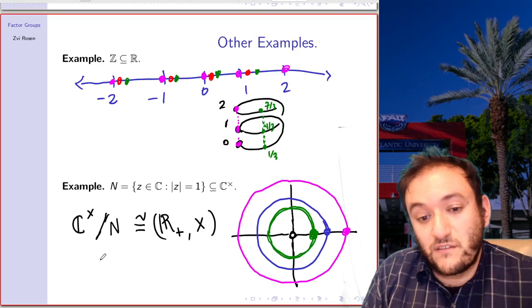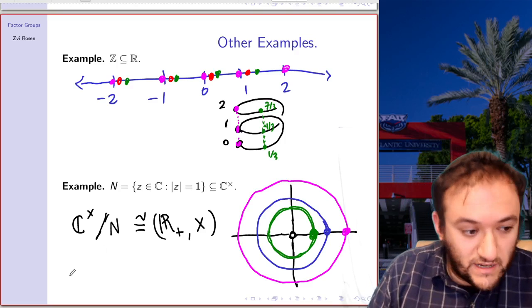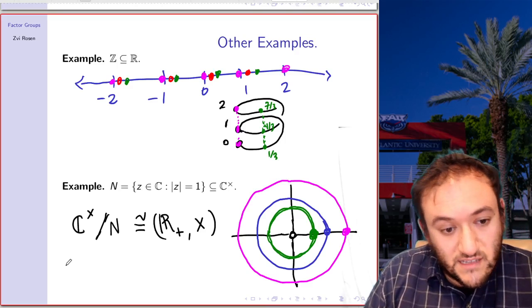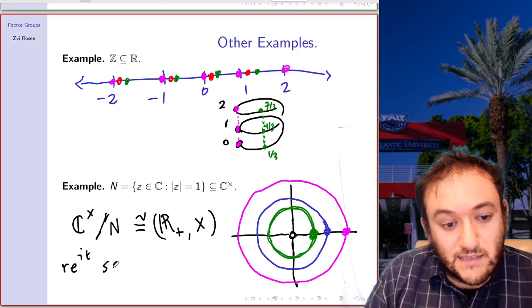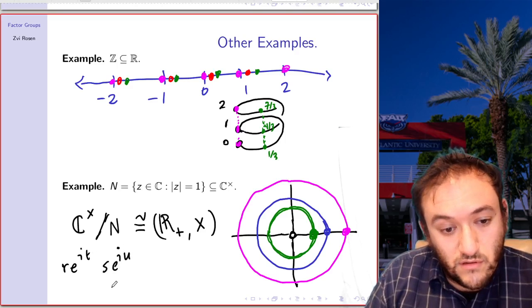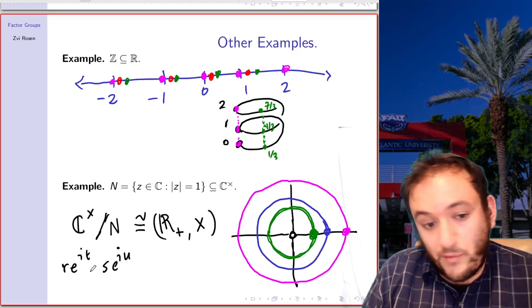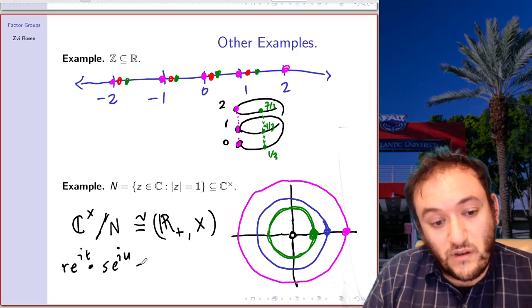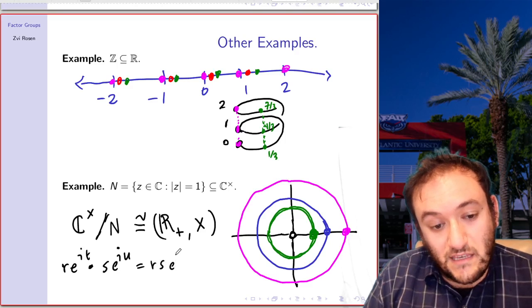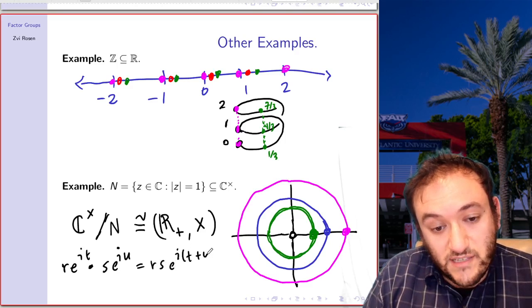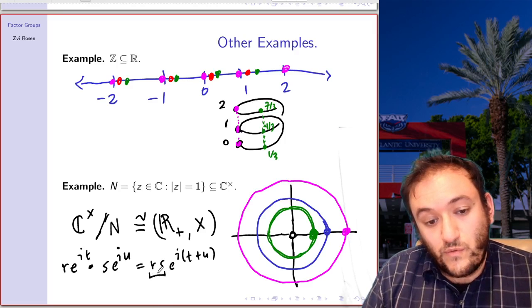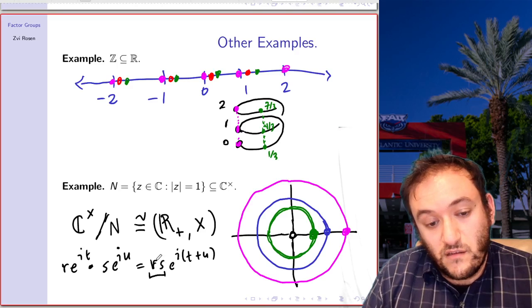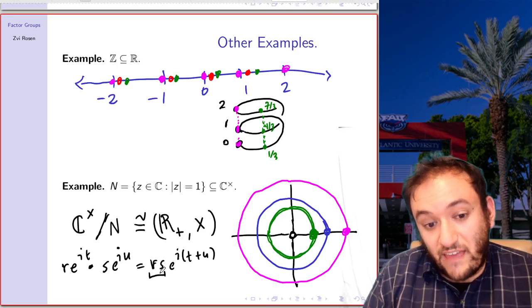And let's say I take two complex numbers, r e to the it and s e to the iu. Okay, remember the group operation is multiplication, so what I would get is rs e to the i(t plus u). So we still get these radii multiplied together.